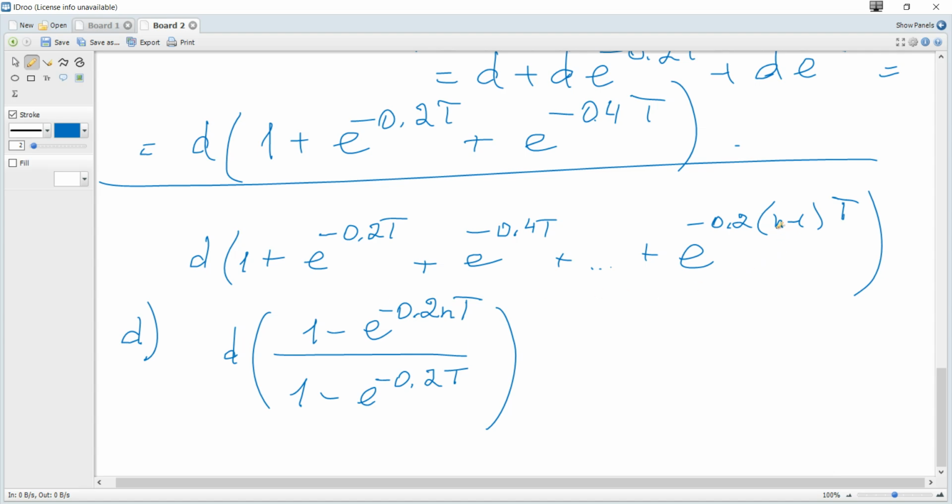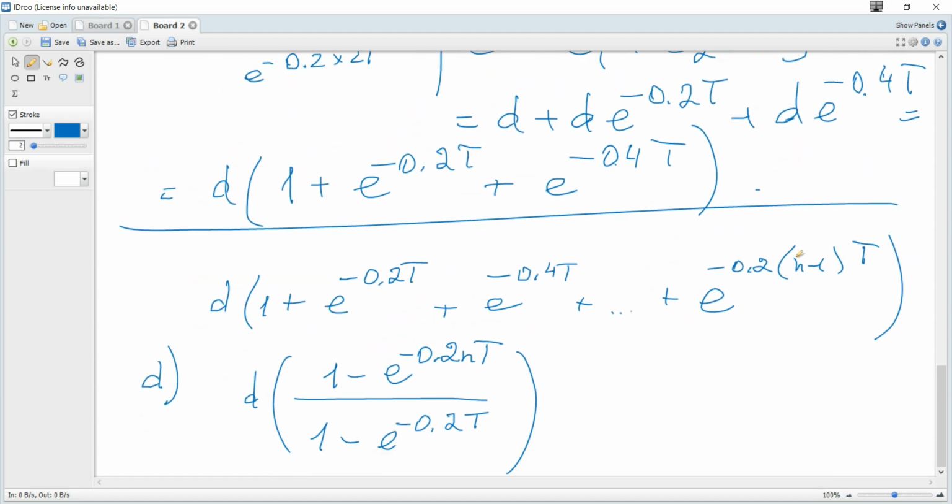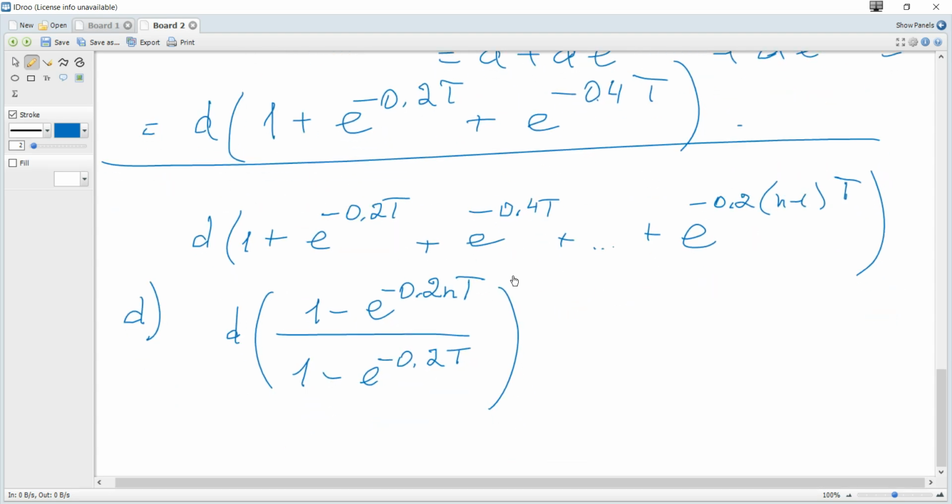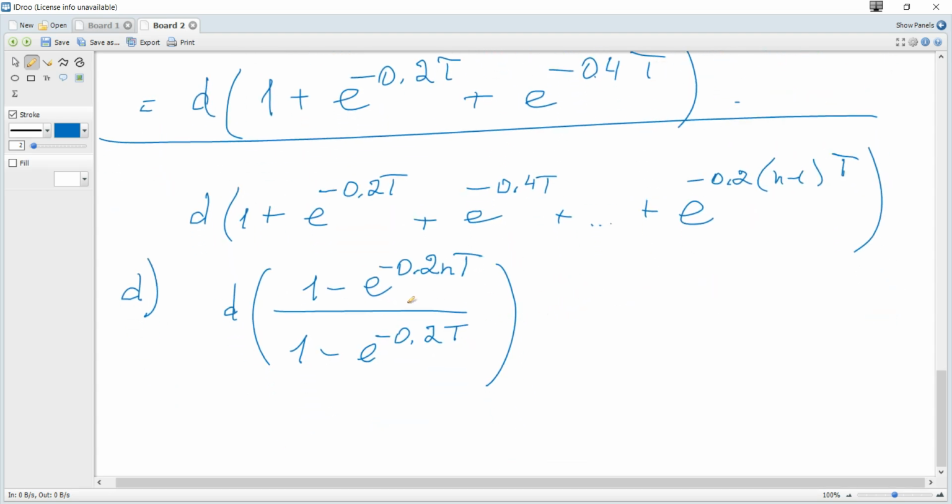For this, you can see that, for example, when n is 3, we get 1 plus e^(-0.2T) plus e^(-0.4T). Definitely it's a geometric sequence, and we just need to find the sum of a geometric sequence.